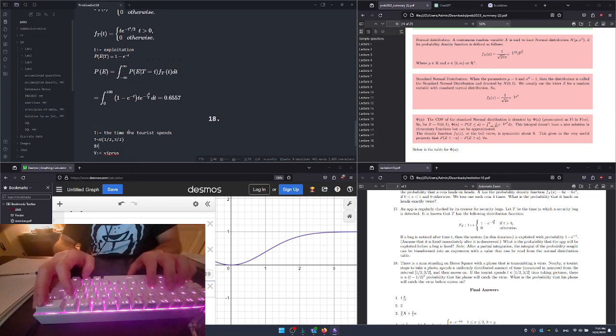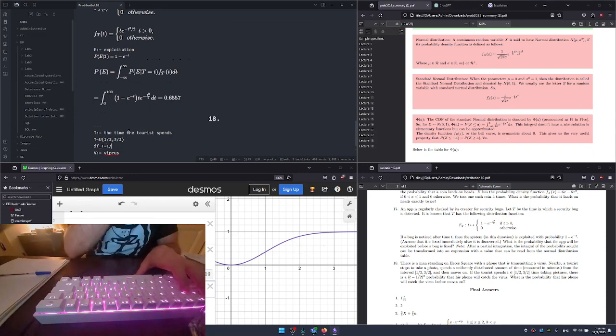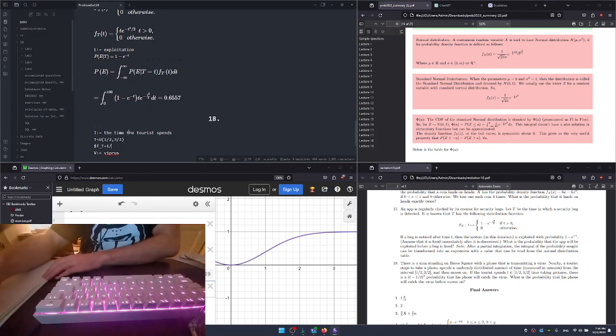So we know that f_X(t) is just 1 over 3/2 minus 1/2. 3/2 minus 1/2 is just 1.